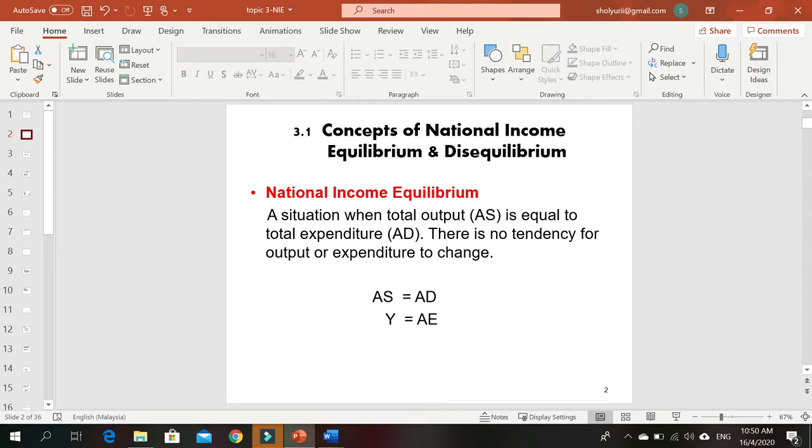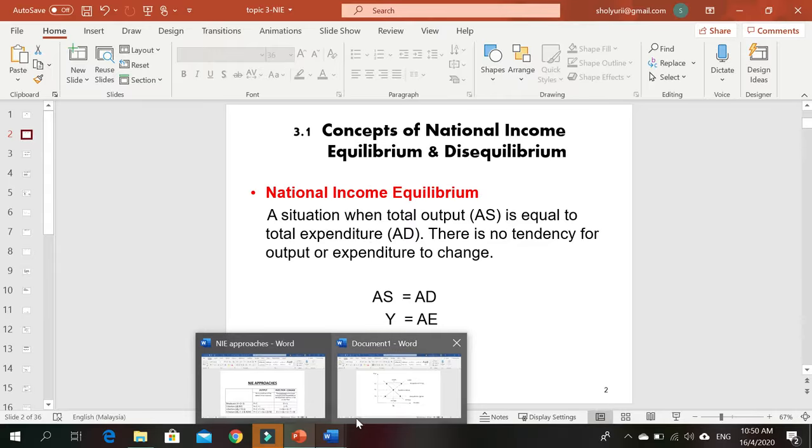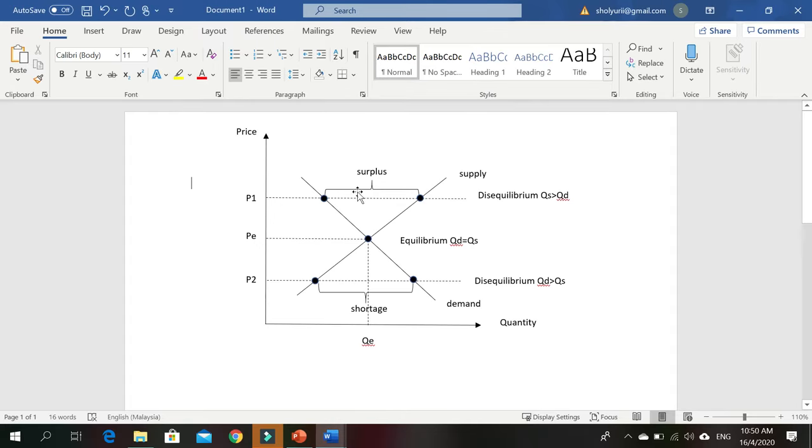So once we already got our equilibrium, then there will be no tendency for the output or expenditure to change. Bila kita dah berjaya capai national income equilibrium, takkan ada dah keberangkalian untuk berubah, sebab equilibrium ini adalah poin terbaik dalam ekonomi. So, untuk refresh balik kenapa equilibrium is important, kita ingat balik masa you belajar ECO211 NIE.